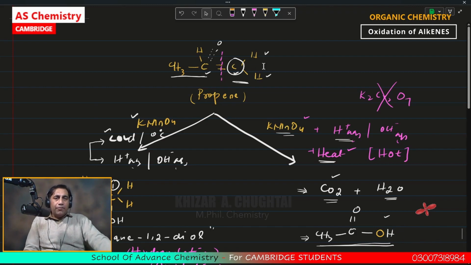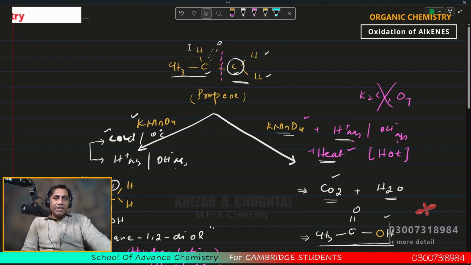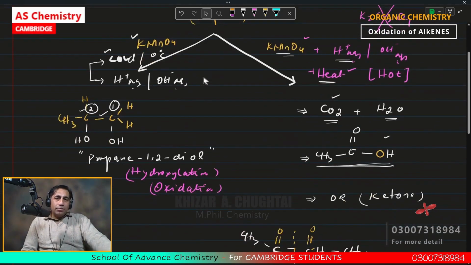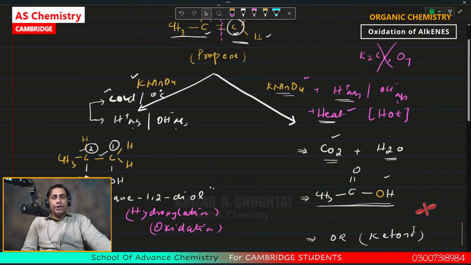So what will happen if you are having only one carbon atom? Then this carbon will change into CO2, and these hydrogens will change into H2O. If any side is having more than one carbon atom, it may be changed into acid or ketone. You are having only two options.